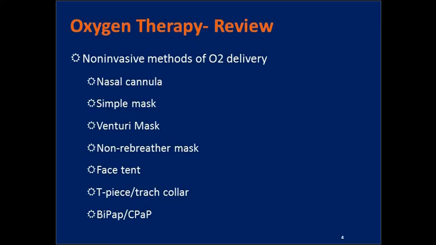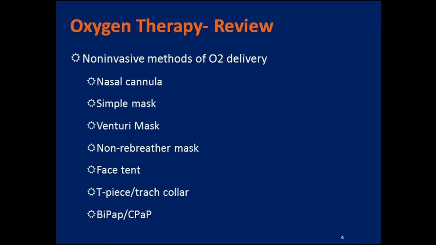It is not the same as the comfort flow, but non-rebreather and face tent are designed for oxygen delivery at high flow, like 15 liters. A non-rebreather, you might hear them say 100% non-rebreather.